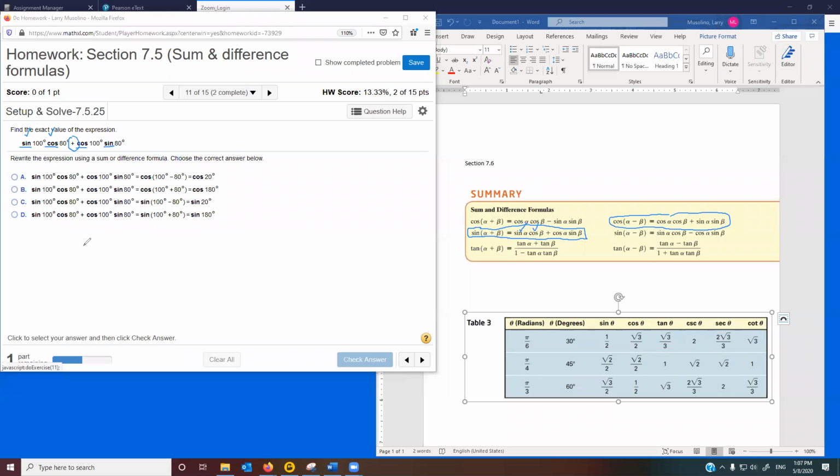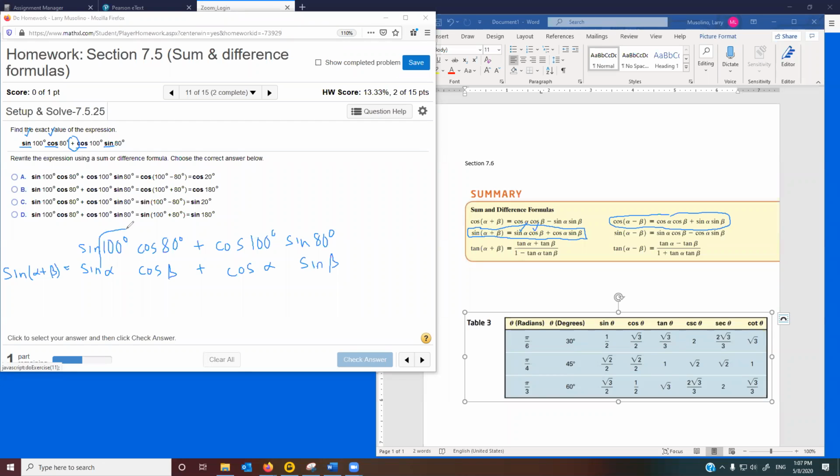All right, so let me write this down here. They're giving a sine of 100 degrees cosine 80 plus cosine 100 sine 80. And I'm matching this up to sine alpha cosine beta plus cosine alpha sine beta. And I know that this formula is really based on sine of alpha plus beta.